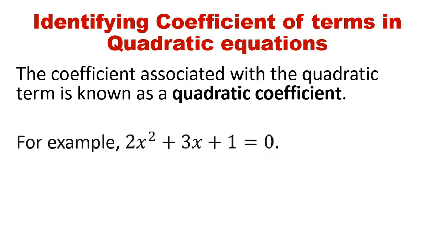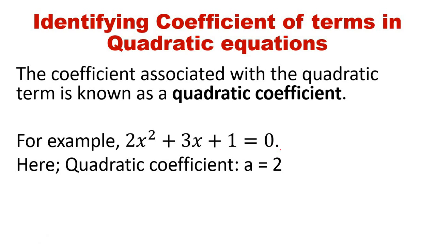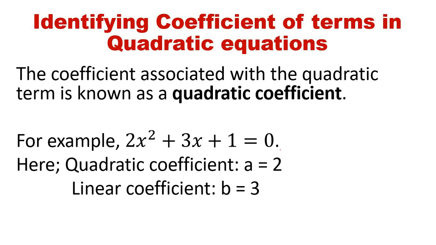Assuming this quadratic equation is given: 2x squared plus 3x plus 1 equals 0. Here your quadratic coefficient, which is a, is 2, your linear coefficient, which is b, is 3, and your constant term, which is c, is 1. You need to know which one is a, which one is b, and which one is c.